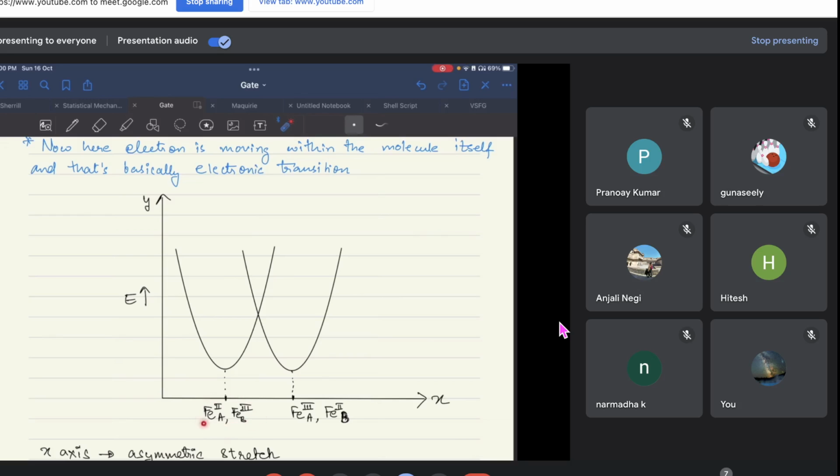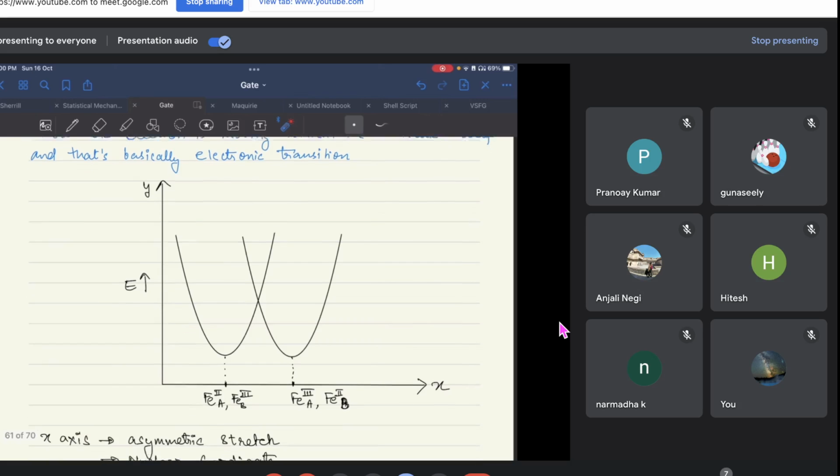You can write it as FeA, FeB, where FeA has a 2+ charge and FeB has a 3+ charge. After it is converted to the product, FeA gets oxidized and FeB gets reduced. So this other parabolic curve is denoted for the product side.